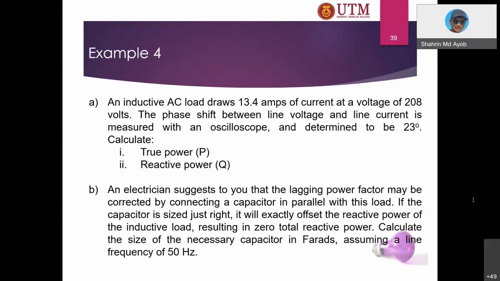Not clear about the difference between normal current and RMS current. So normal current, what do you mean by normal current? In a DC circuit, that DC current is your normal current. The RMS current is actually referring to the current of the AC circuit that will produce the same amount of power at the load.